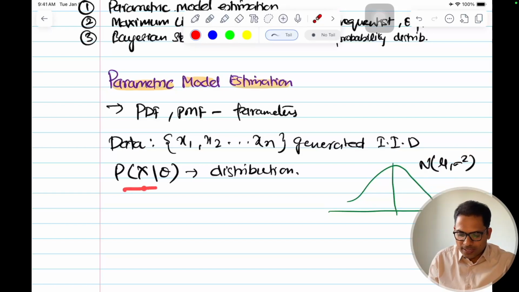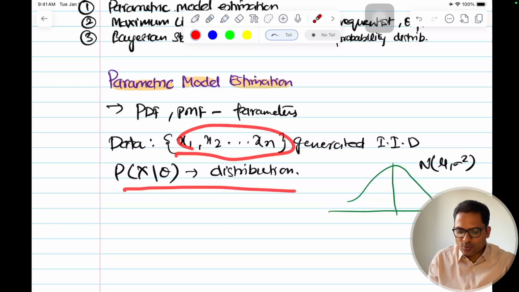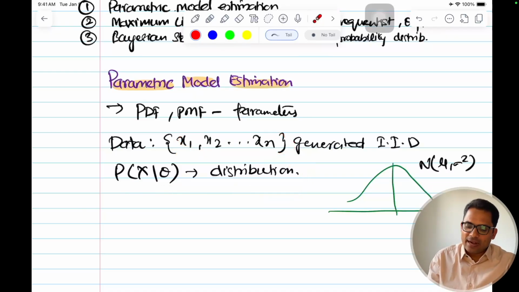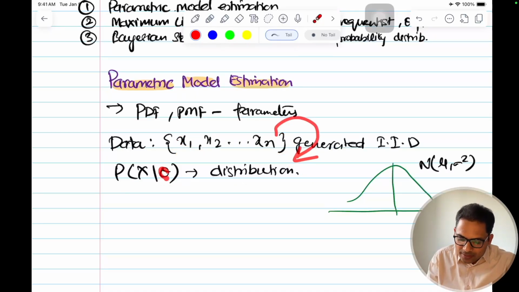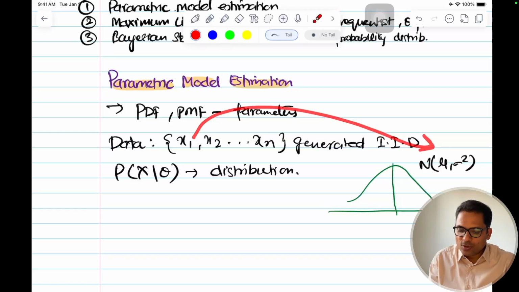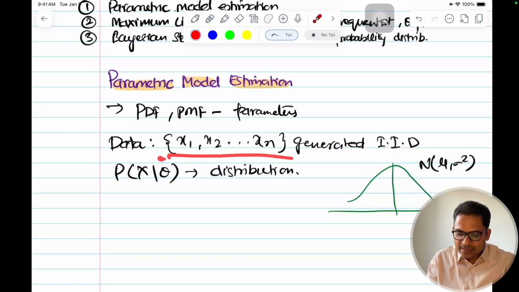So we assume that all these data points are coming from some known distribution, and we want to estimate the parameters given by this theta, which is mu and sigma in this case. We want to estimate under which parameters the likelihood of seeing these samples, the data that we have, is maximized.